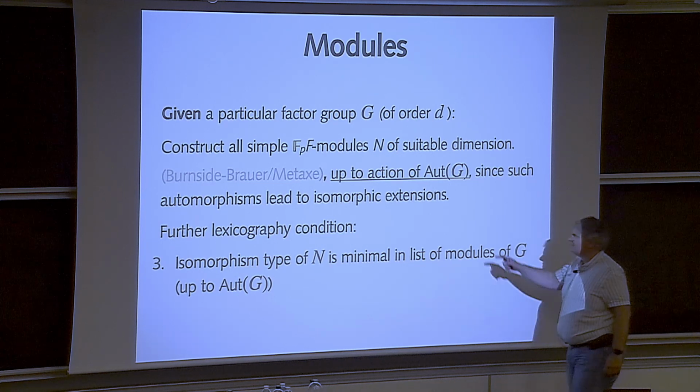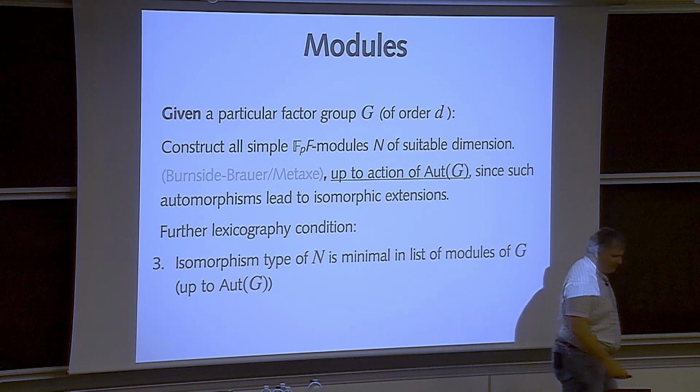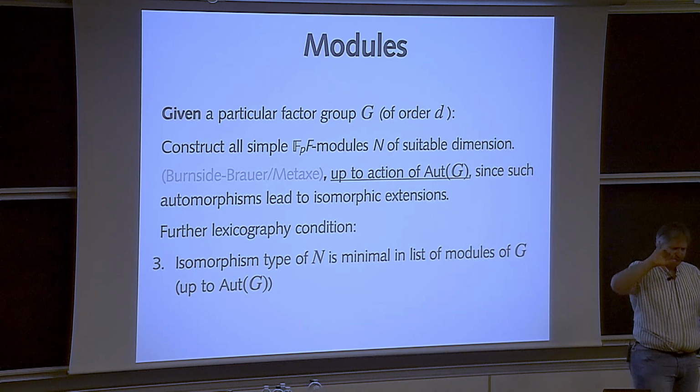I actually consider them up to action of the automorphism of G, because if I have two modules which just differ by an automorphism of G, the extensions will end up isomorphic because I'm just changing the coordinates for the factor group.